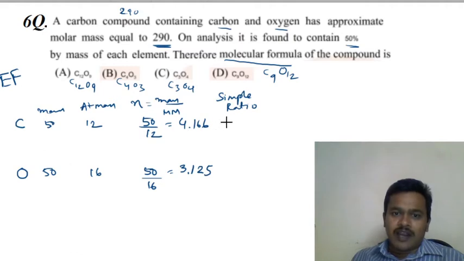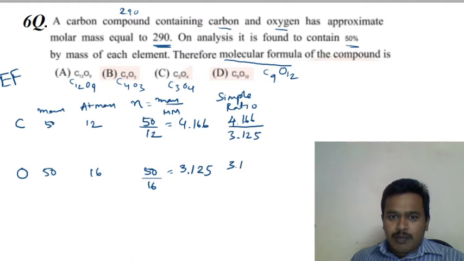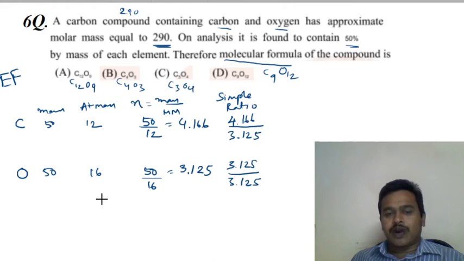So I will divide 4.166 moles by 3.125, and also 3.125 by 3.125. What is coming here? 1.33 will come here, and 1 will come.